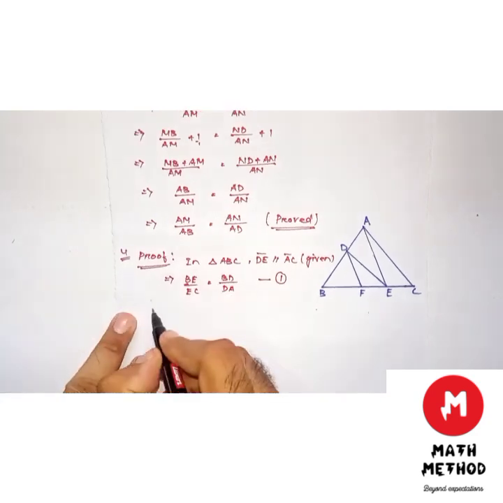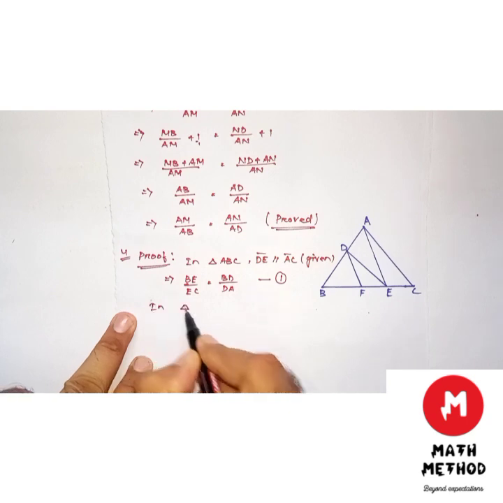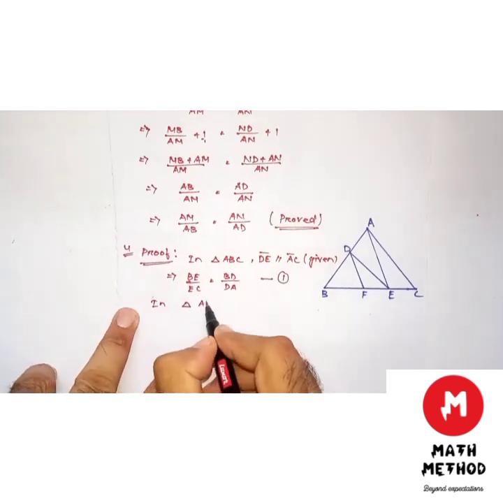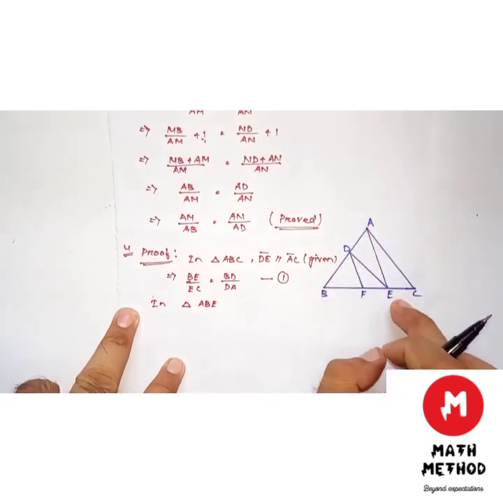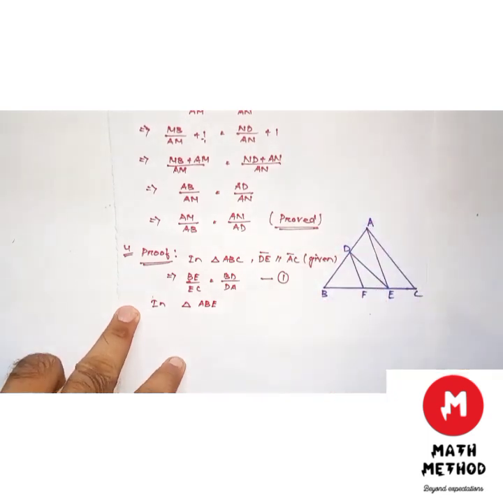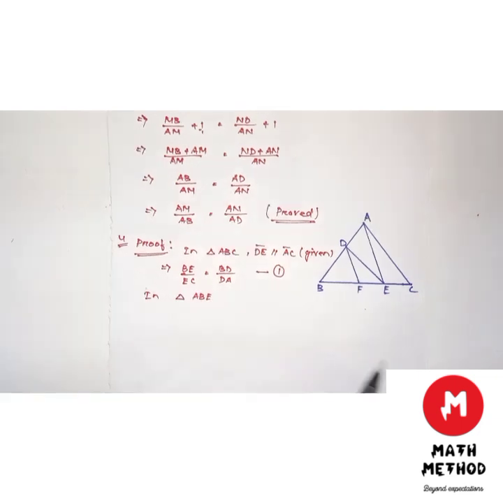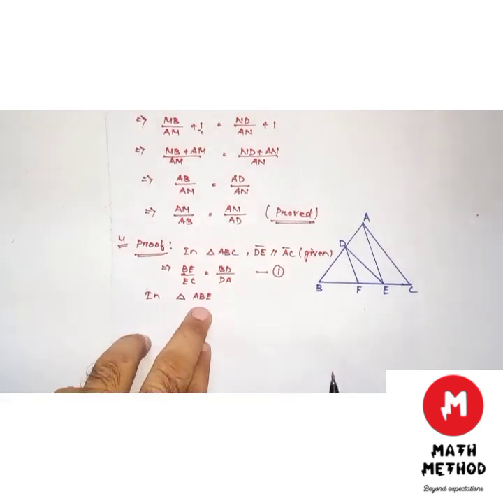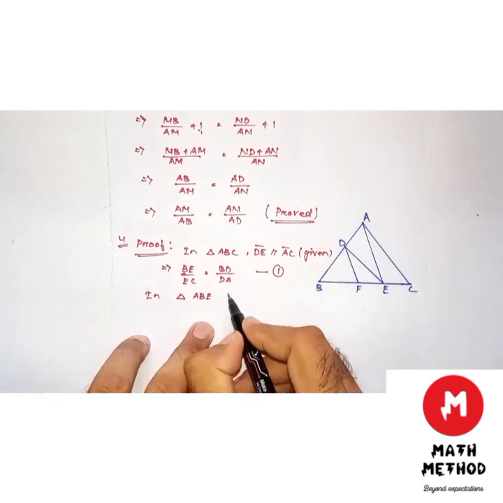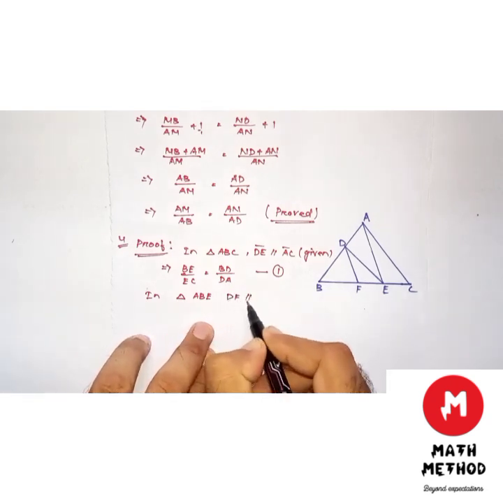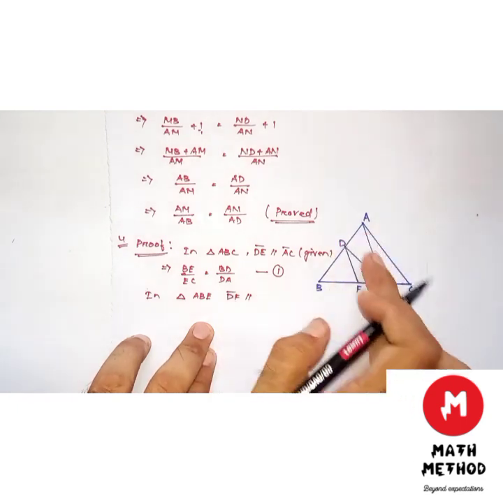Similarly, in triangle ABE, it is given that DF is parallel with AE.